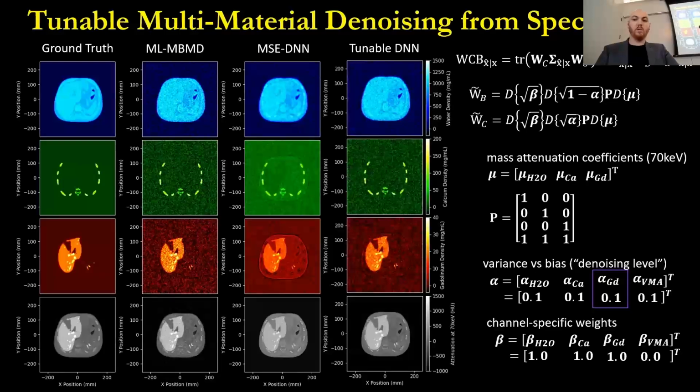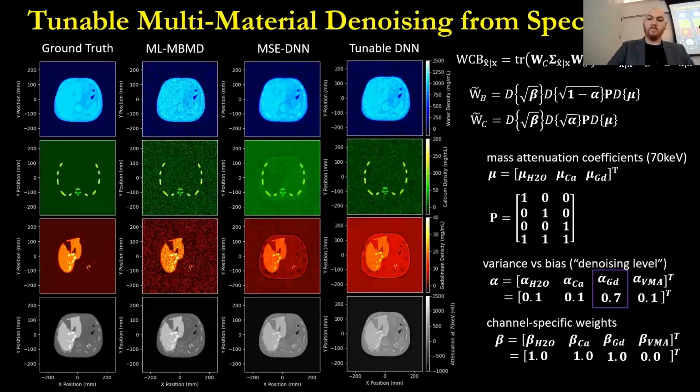Here's another protocol. This is an overall low bias protocol where all the alpha values for all materials are set to 0.1. So you can notice that the neural network outputs are now more similar to the maximum likelihood estimates, which are also high noise, low bias. And again, as we increase alpha gadolinium, you can control the variance bias trade-off in just that material.